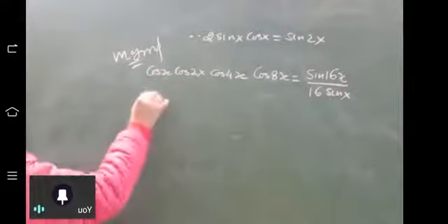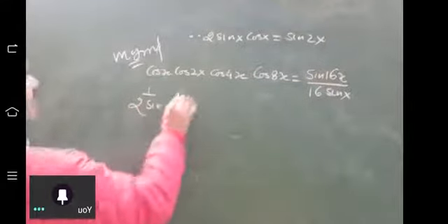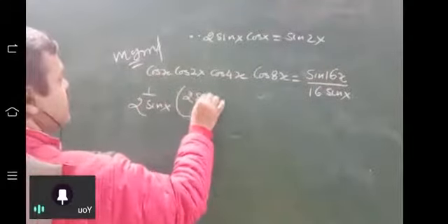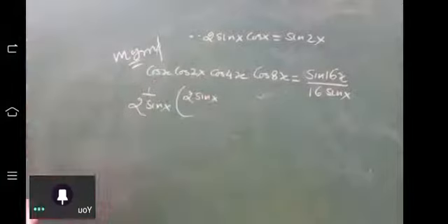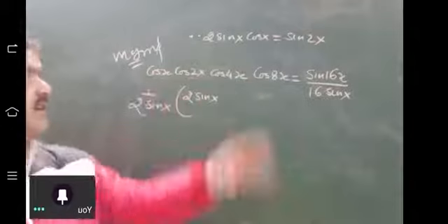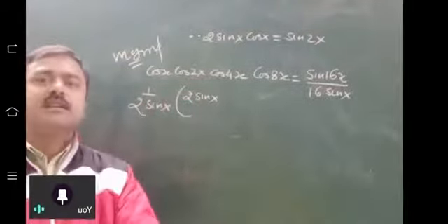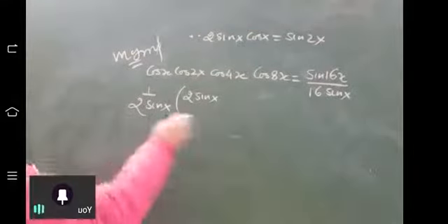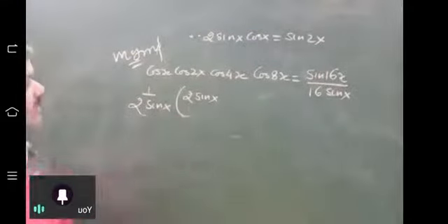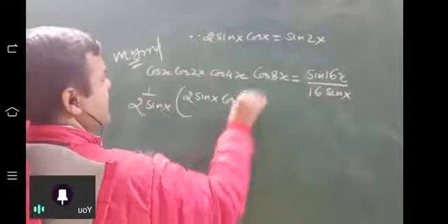Divide by 2 sin x and multiply by 2 sin x in the numerator and denominator. There will be no change in the left hand side, but you will get an identity. So this is the same, cancel out. Write cos x with 2 sin x and the remaining.